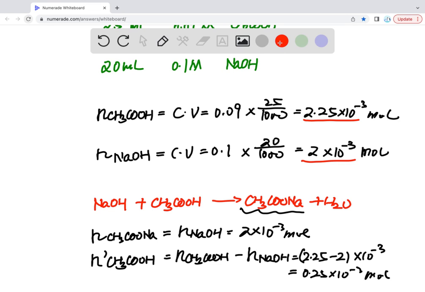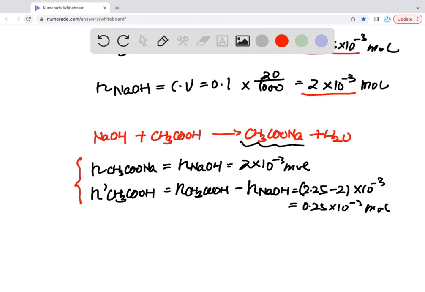So let's look at this. You'll find in this solution there's a coexistence of the acetic acid and sodium acetate. The sodium acetate is the conjugate base and acetic acid is the conjugate acid. So now the final solution will be a buffer.